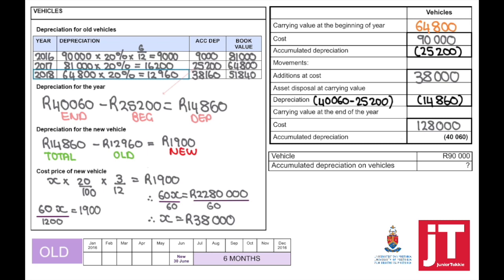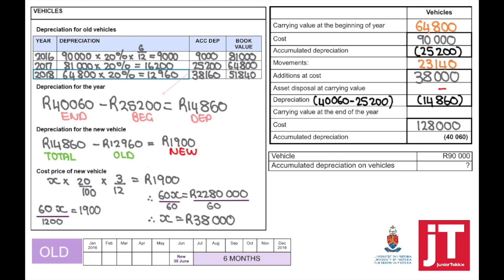To get the cost at the end, it's the beginning plus additions equals the cost at the end. There were no asset disposal at carrying value. To get my total movement, it is my additions minus my depreciation. It ends up being a positive amount.